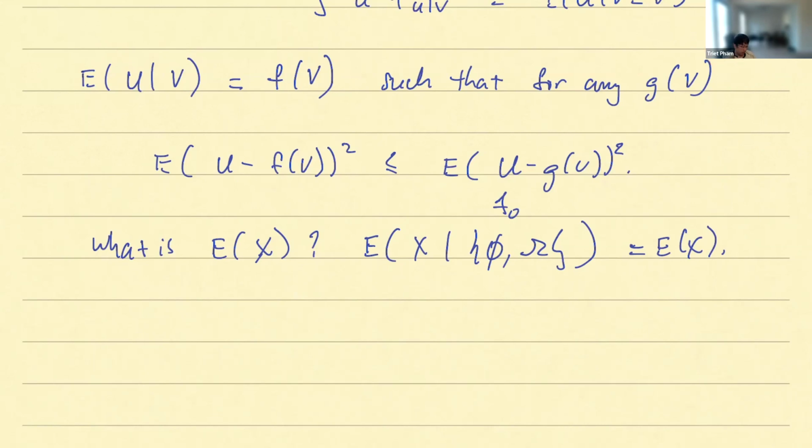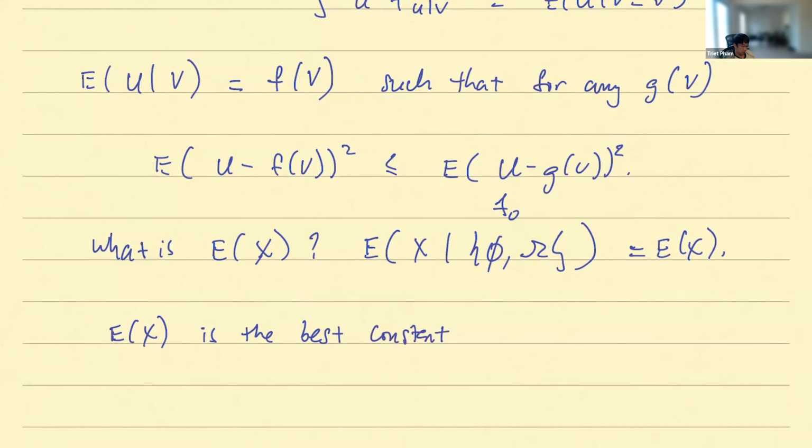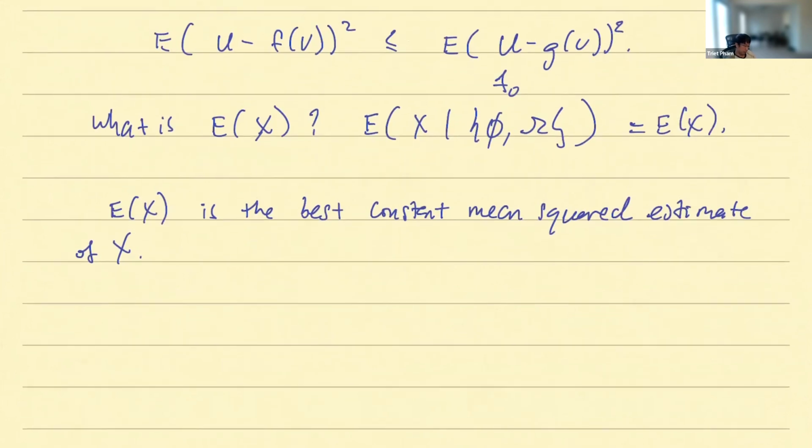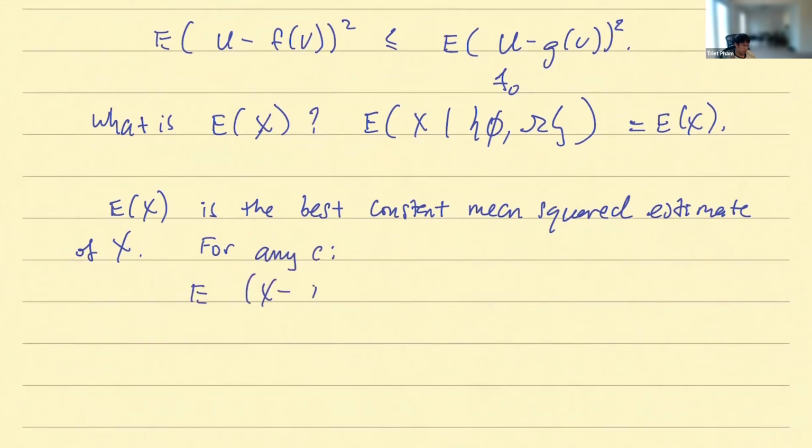What it really means, and I bet some of you may not know this, which is fine, is that your expectation is the best mean square estimate, the best constant mean square estimate of X. Meaning that for any constant, if you look at the mean square estimate using the expectation, it will always be smaller.